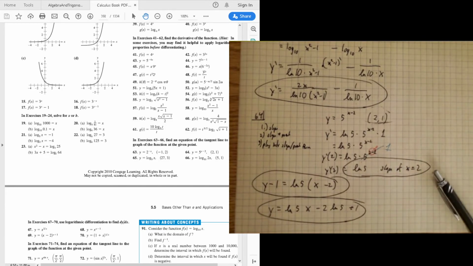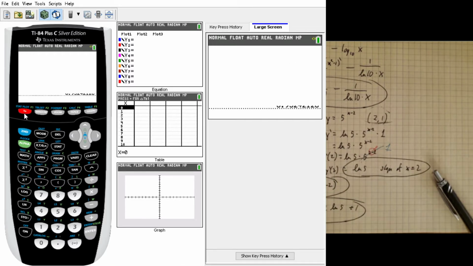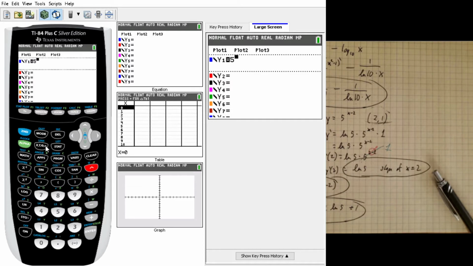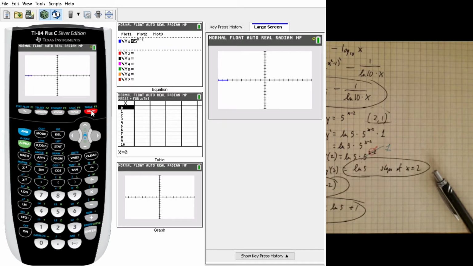And to verify this is in fact the tangent line, let me go ahead and pull up my calculator again. So go to my graph. My graph would be original graph, which is 5 to the x minus 2 power. Let's take a look at what it looks like. There's my beautiful graph.